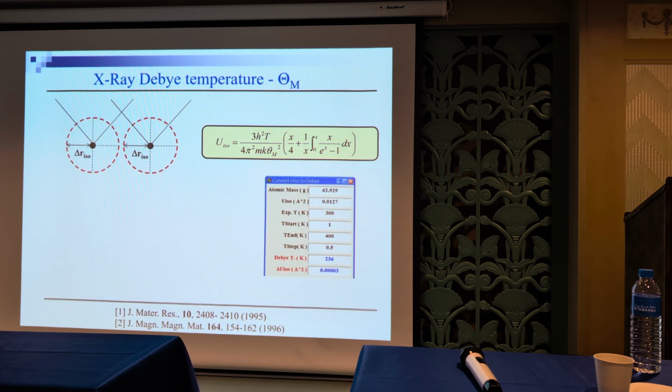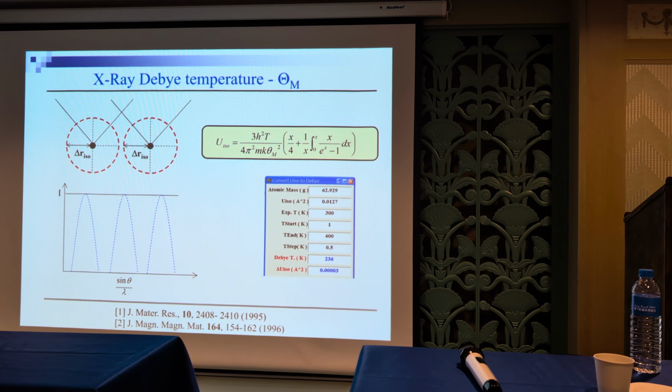So maybe someone can use this diffraction Debye-Waller factor to calculate one parameter called the X-ray Debye temperature. That's totally different from the Debye temperature obtained from specific heat measurement. But it is also an index that tells you how the atoms vibrate apart from their origin.